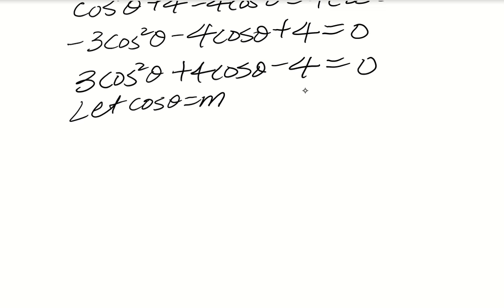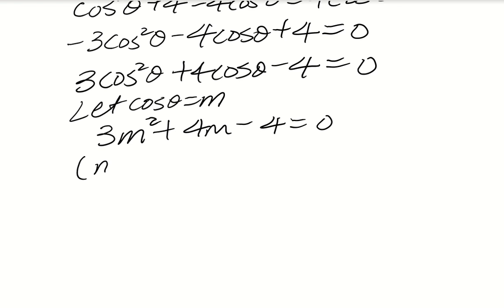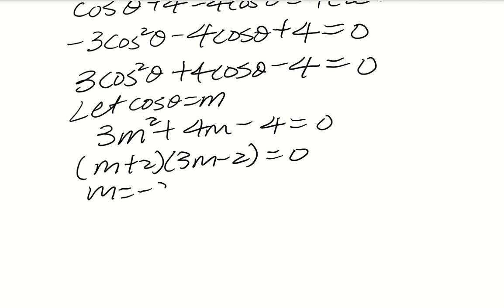Then I have a very nice quadratic equation, which is 3m squared plus 4m minus 4 equal to 0. Then use what we did in chapter 1, term 1, factorize the quadratic equation. I will have (m plus 2)(3m minus 2) equal to 0. I will have m equals minus 2. I will have m equals 2 on 3.